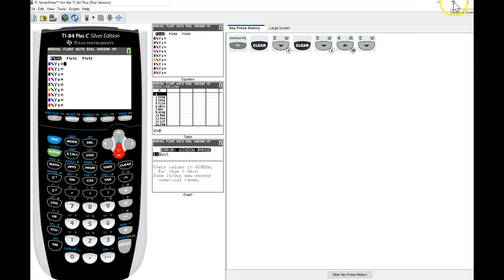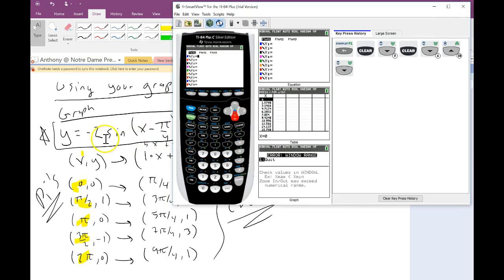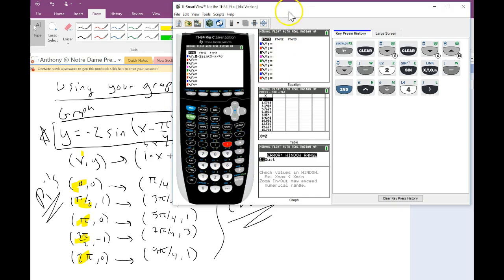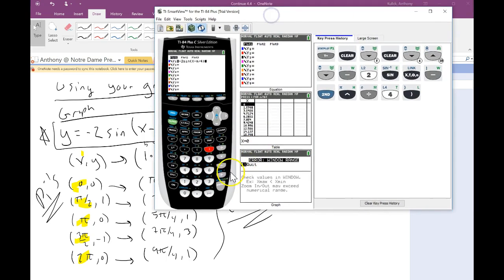Okay? Now that I've made sure that all the Y equals spots are blank, I'm going to type in the equation that's written down. So I'm going to type in Y equals -2 sine (x minus pi over 4) plus 1.